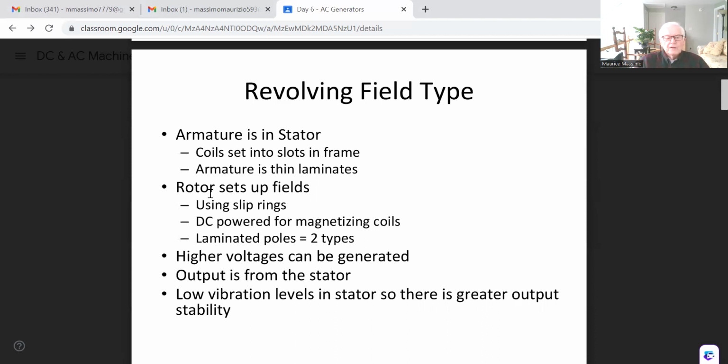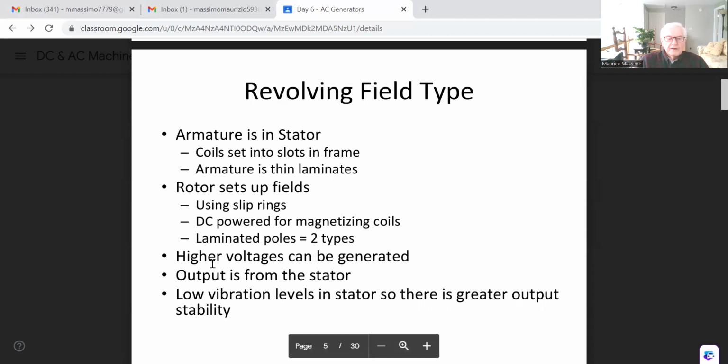So the rotor itself sets up fields using slip rings, and they're DC powered for magnetizing the coils. And again, we use laminated poles of two different types.